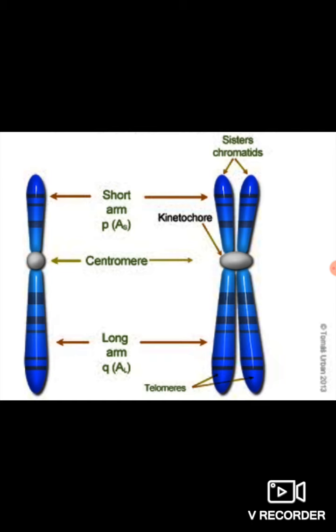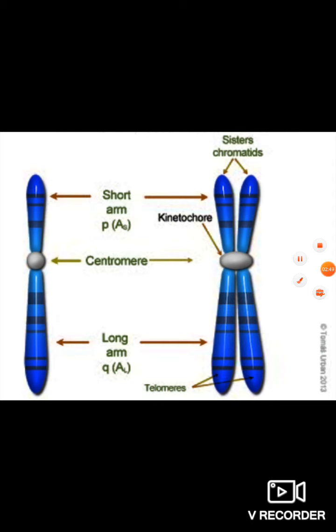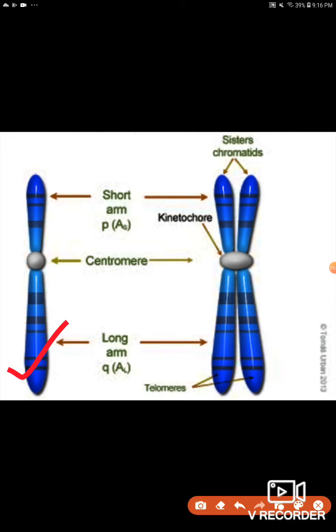Now we will see our next topic. What is the structure of a chromosome? Here in this figure you can observe the structure. One strand is called a chromatin fiber. When both chromatin fibers are joined in the center with the help of the centromere, they form a chromosome.